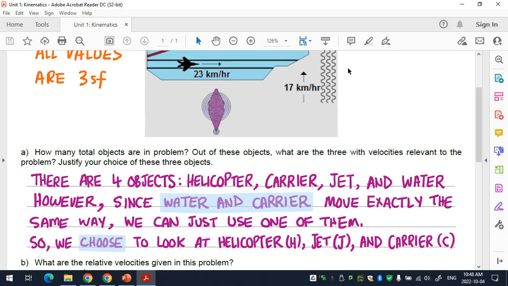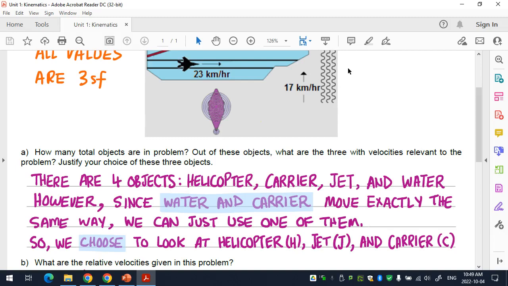According to who? To the jet or according to the helicopter pilot? According to the ground, the helicopter pilot. Nice. So that's going to be V, CH or HC. It matters which way you do it. CH, because it's carrier according to the helicopter. Okay. Now the tricky one. What is that 23 kilometers per hour east? Who's moving that fast?